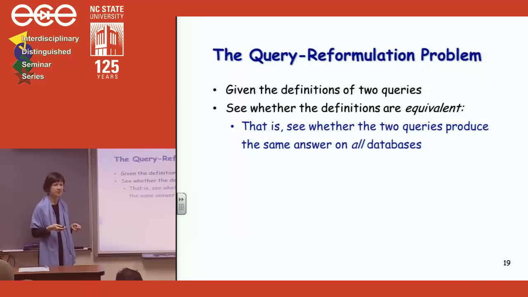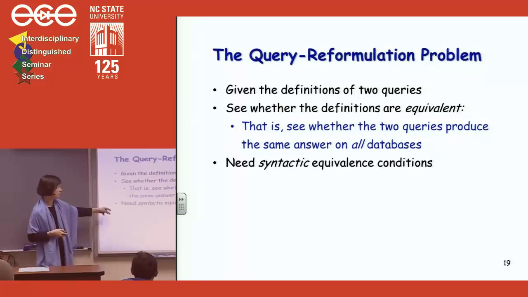Does it make sense? The reason we have to do this is that we have this query execution window, right? And we can't afford to look at the data and to analyze the data to see if the two definitions are equivalent on my database. So we have to say, give me just equivalence on all the databases, right?